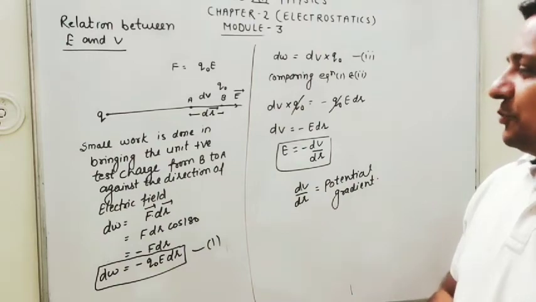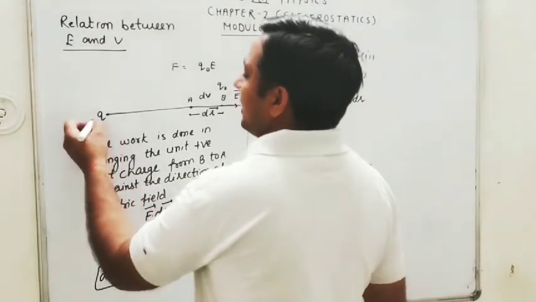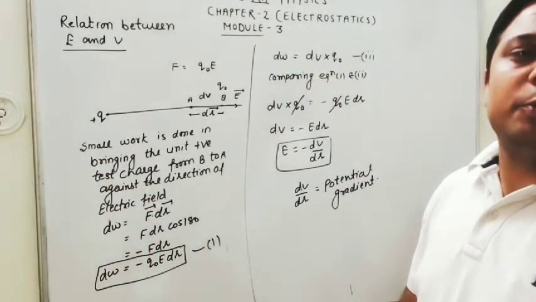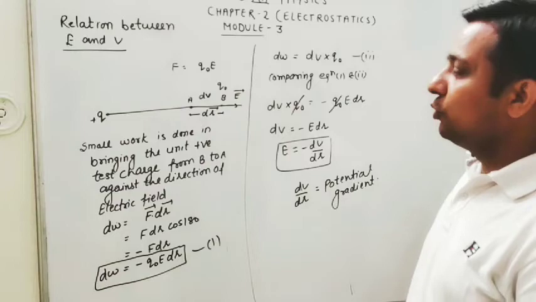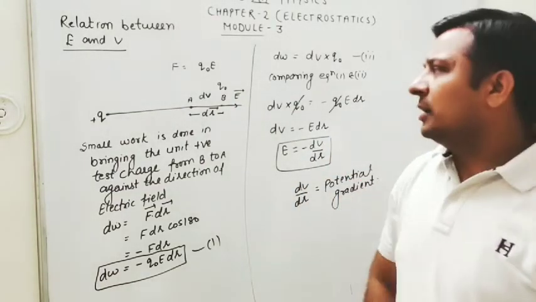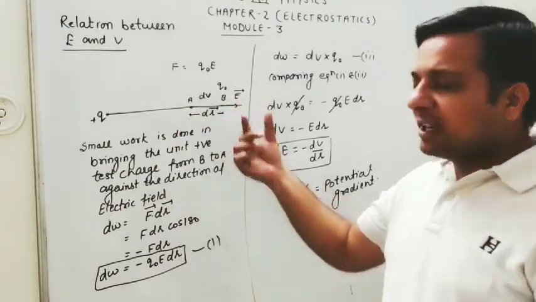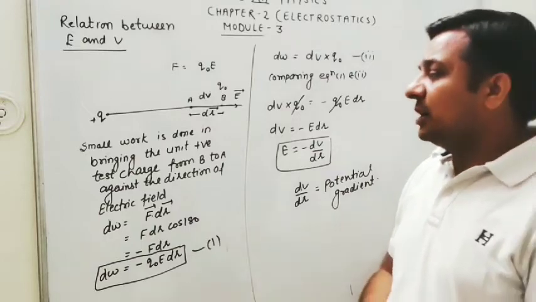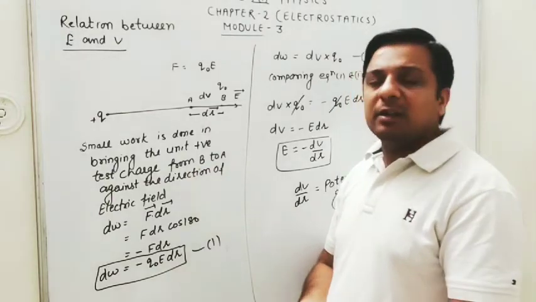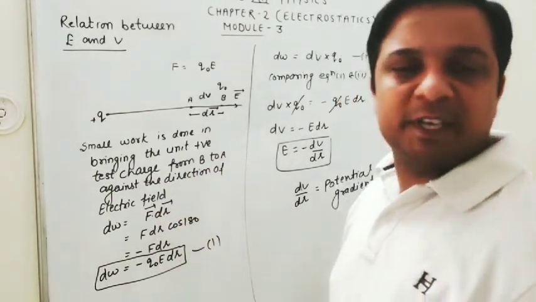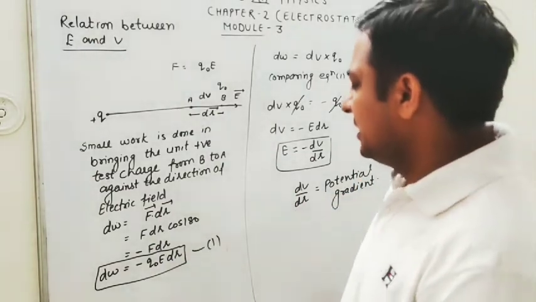So dear students, a very simple topic. There is a charge, you can say a positive charge. Electric field always moves from a positive charge and terminates at a negative charge. At points A and B, we have to bring a unit positive test charge Q naught from point B to A. The potential difference between B and A is dV. Small work is done in bringing the unit positive test charge from B to A, and that work done is force into displacement, and force is applied by the electric field, and we have gone against it.